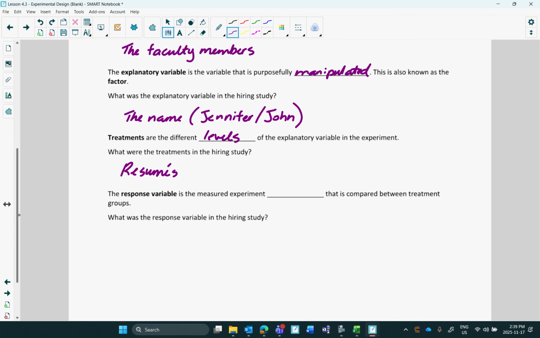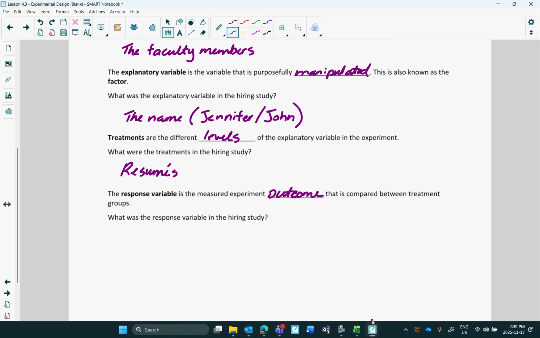And finally, the response variable is the measured experiment outcome that's compared between the treatment groups. And what would the response variable be? There's actually two of them in this case.